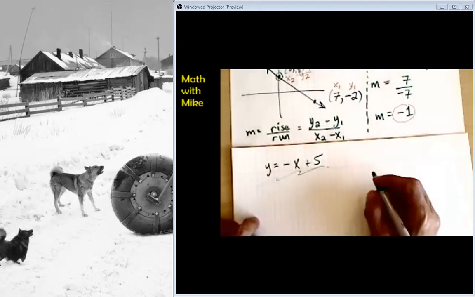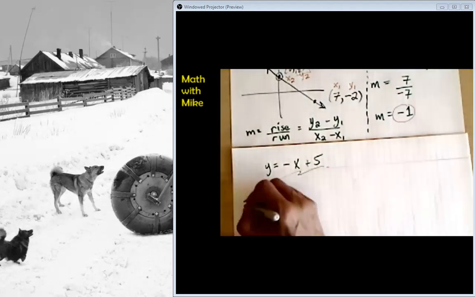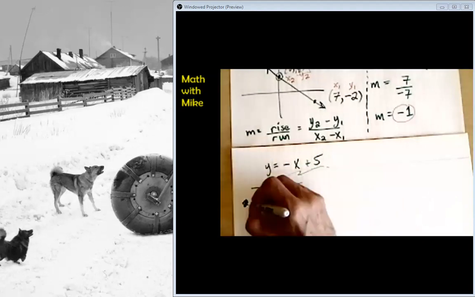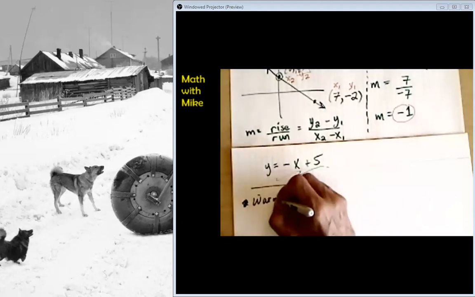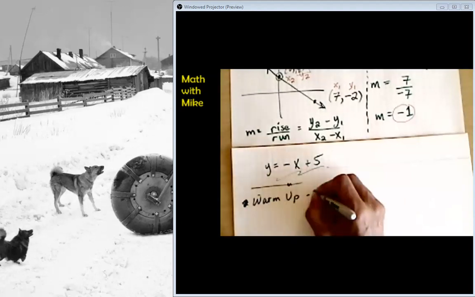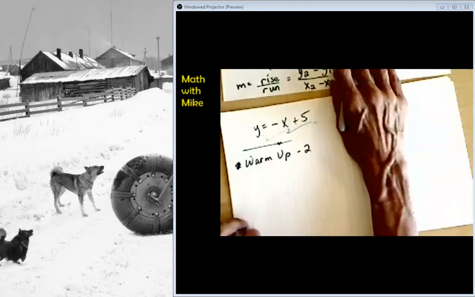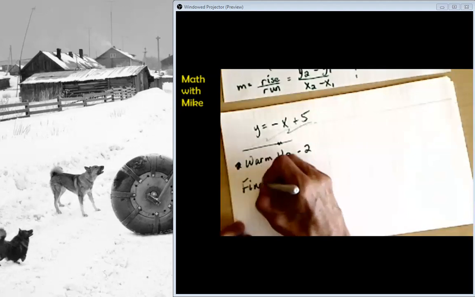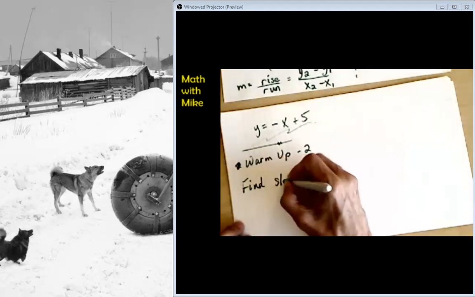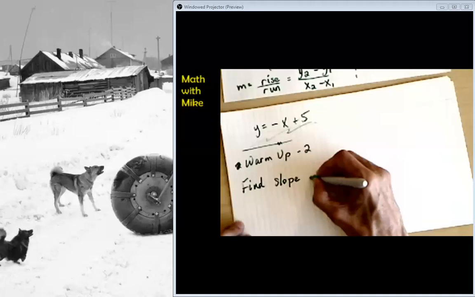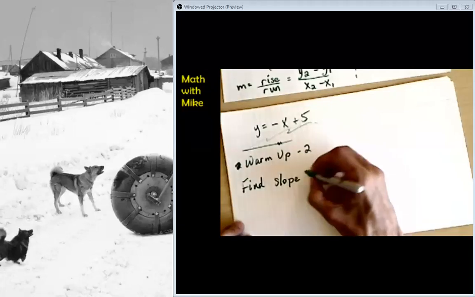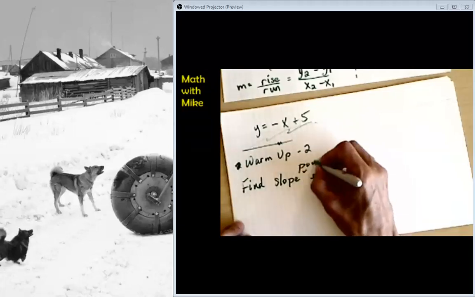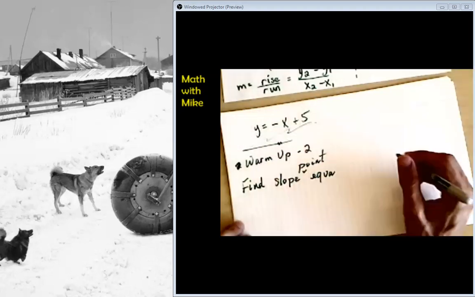Okay. Warm up number 2. Something looks like this. Oops. I said it in my brain, but I didn't write it down.